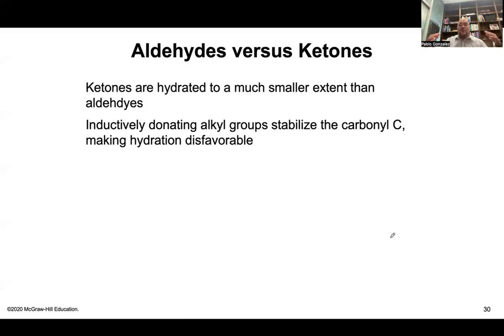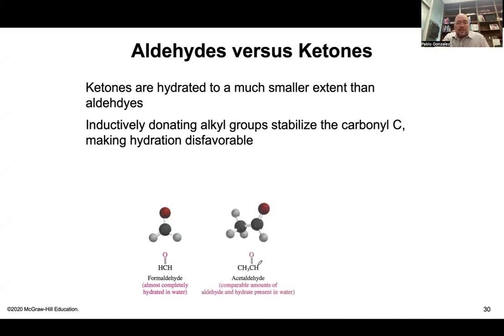Now the methyl groups or the alkyl groups on the sides of the ketones are donating electron density to that carbon, making that carbon a little bit less reactive than, for example, aldehydes. So here we have formaldehyde. We have hydrogens in here. Oxygen is pulling electron density. The hydrogens are not giving that much electron density to the carbon. So this is a good electrophile.